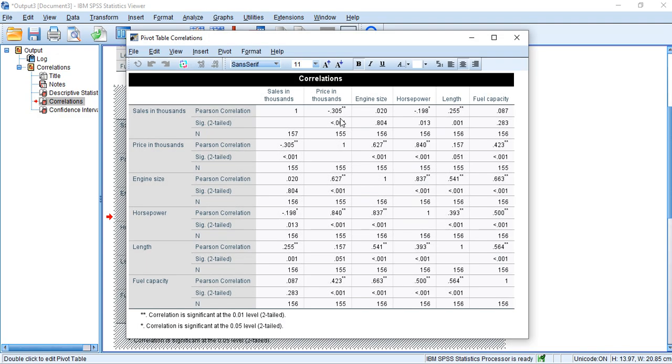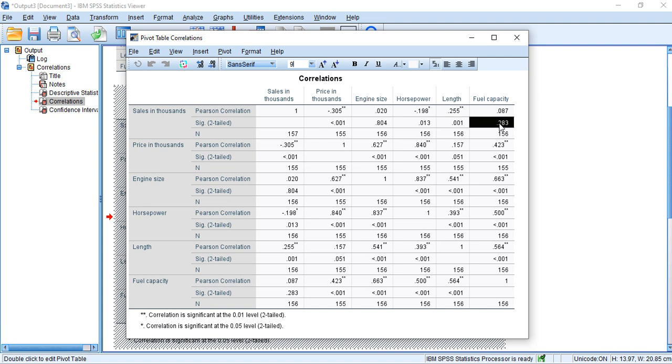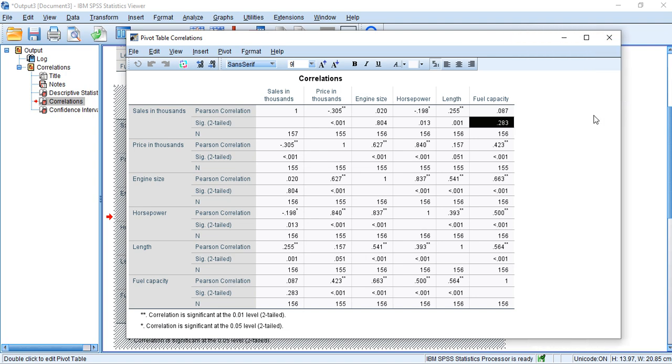You can double click on the chart to open it. That's how our correlation results will appear. Now we shall see how to interpret them.